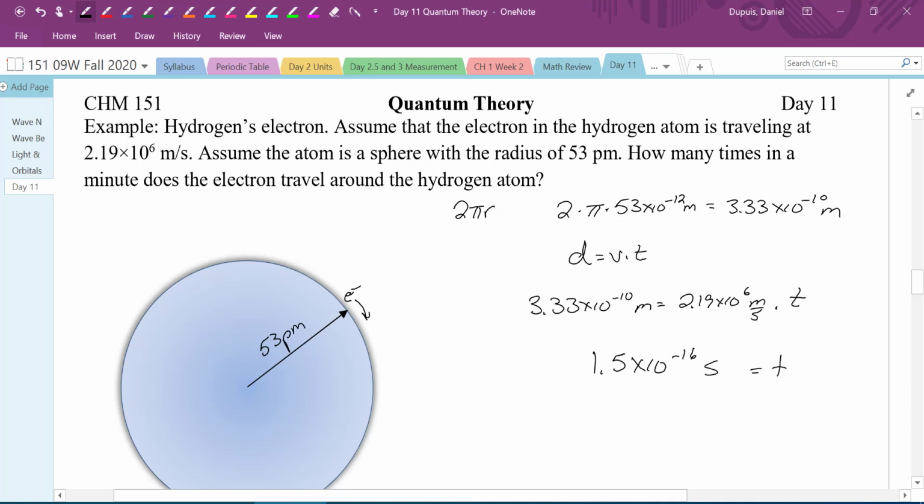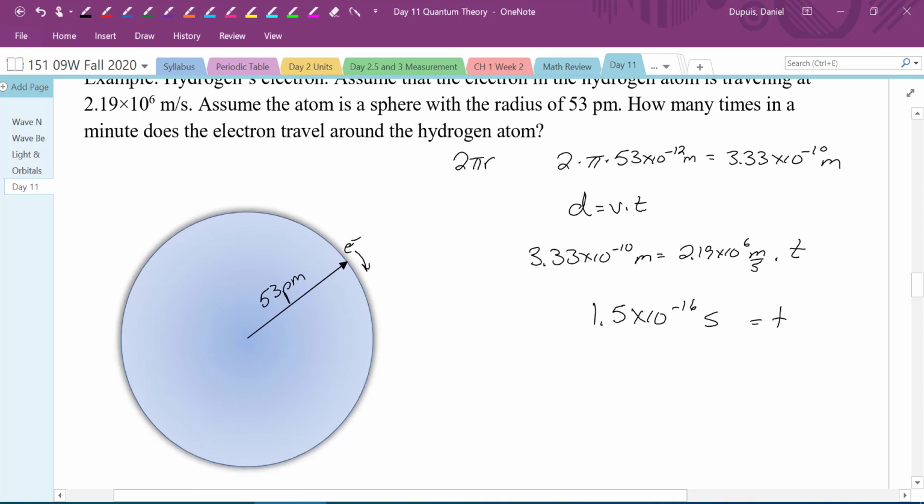So it's 15 zeros 1. So if I inverse this, right, 1 divided by 1.5 times 10 to the negative 16 seconds, I actually get a frequency, right? And that happens to be basically, let's just call it 6 times 10 to the 15th rotations per second in one dimension.